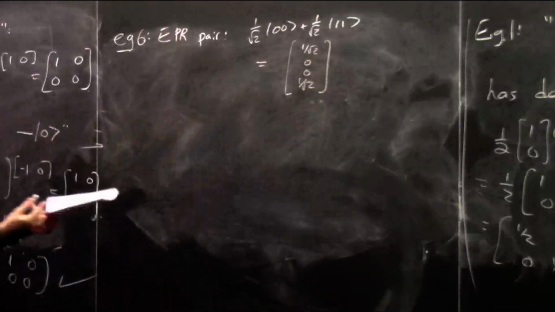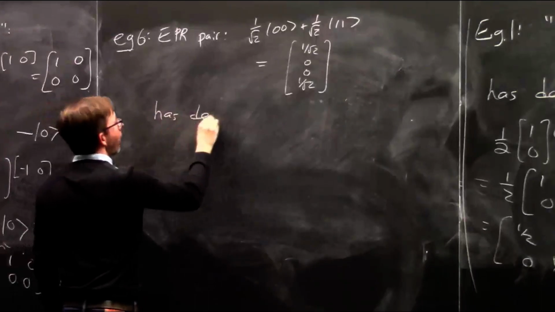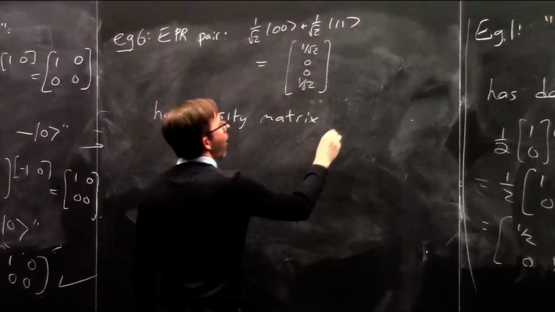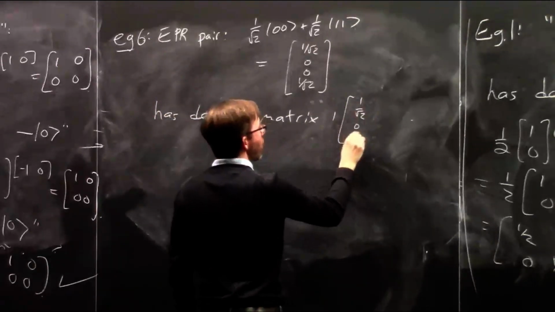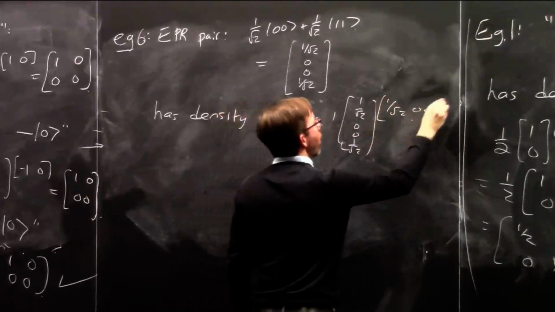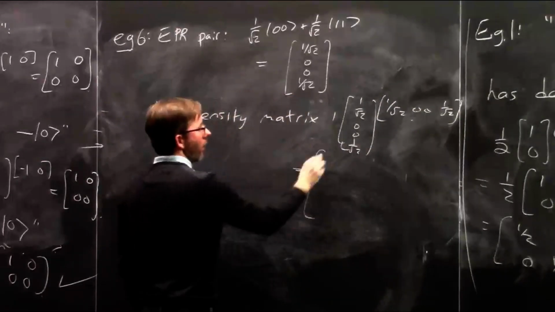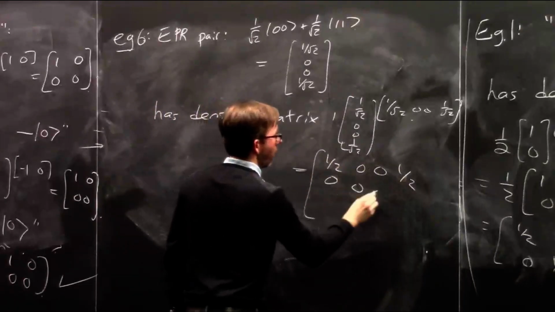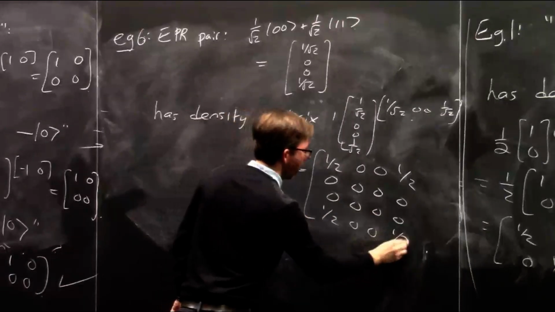But now we would like to make everything a density matrix. So this has density matrix: 1 over 1 times (1 over root 2, 0, 0, 1 over root 2) times (1 over root 2, 0, 0, 1 over root 2), which is, let's see if I can do this, half, 0, 0, a half, 0, 0, 0, 0, 0, 0, 0, 0, half, 0, 0, a half.